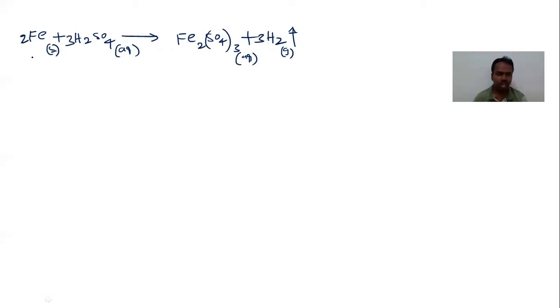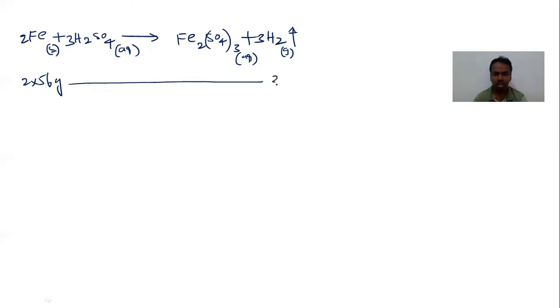We need to compare the mass of iron and the volume of H2 gas. One side is mass, the other side is volume. That's why it is a mass-volume relationship. Here, the mass of 2 moles of iron, each iron atomic mass is around 56. So 2 into 56 grams of iron produce 3 moles of H2.